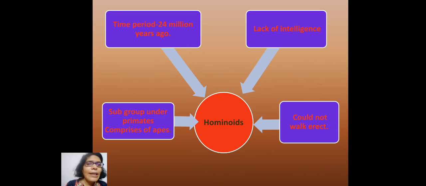But they had a problem. The problem was their brain was not developed. Lack of intelligence. Intelligence means brain development. So if the brain is not developed, naturally you will not be able to do much work. Same thing with the hominoids. And they could not walk straight. Erect means straight. Hominoids could not walk straight. Please remember this.